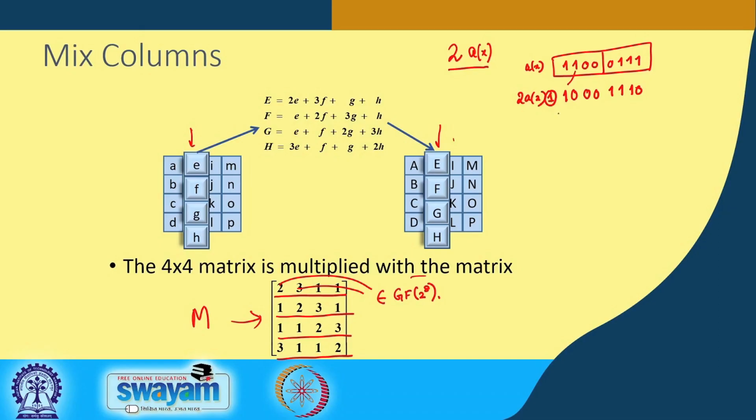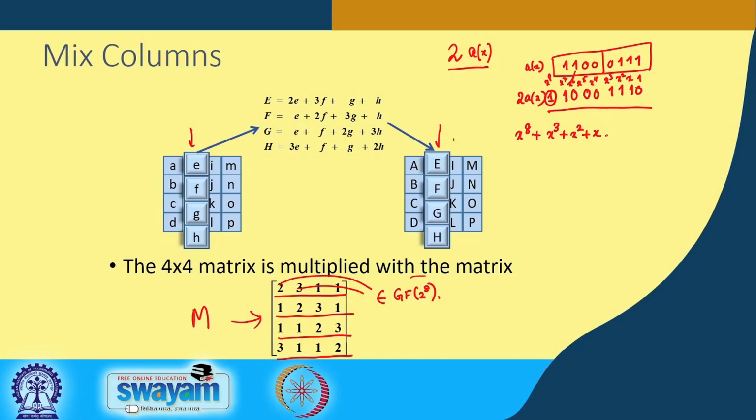So think in the form of a polynomial. What is this coefficient? This is 1, x, x squared, x cube, x power of 4, x power of 5, x power of 6, x power of 7, and this is x power of 8. So we can multiply by x, and your result is x power of 8 plus x power of 3 plus x power of 2 plus x, but this is not in the field.